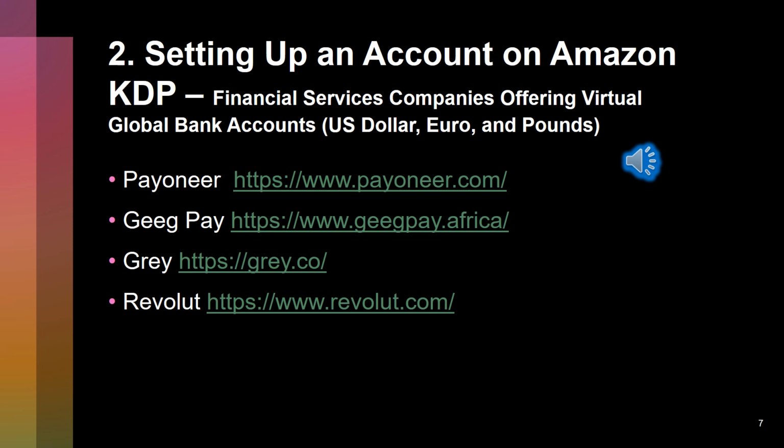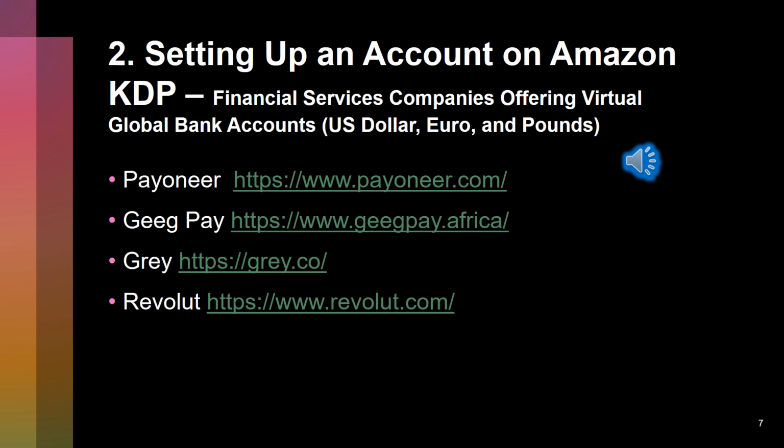And when you're due for your earnings to be paid, Amazon KDP pays into those virtual bank accounts, and you withdraw your money or transfer your money, as the case may be, whatever arrangement you've set up with the financial services company. So these are four financial services companies offering virtual bank accounts in US dollar, in euro, and in pounds. Payoneer is the largest, I think, and serves most countries in the world, if not all.